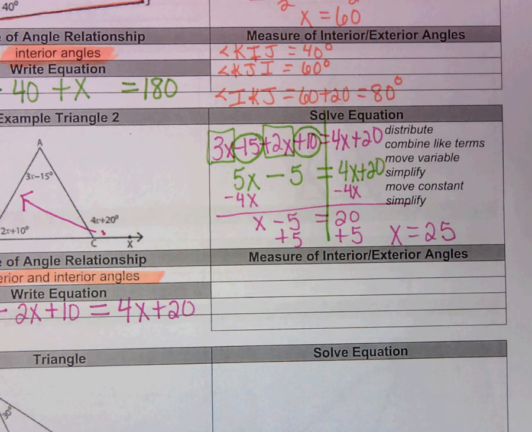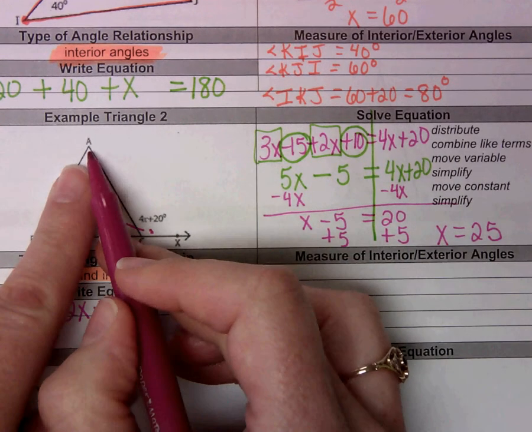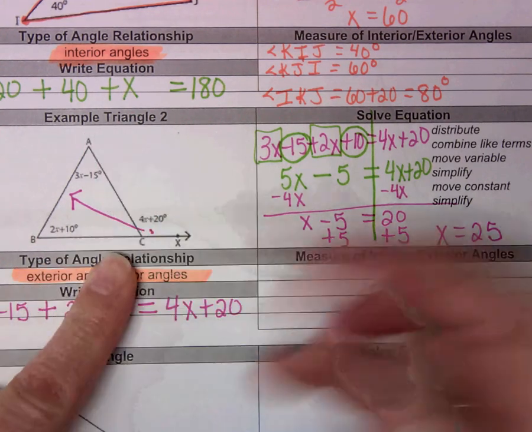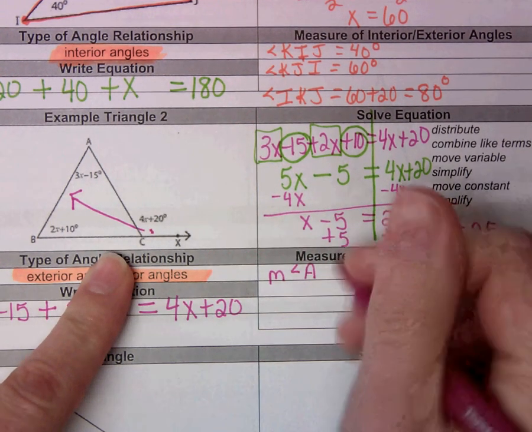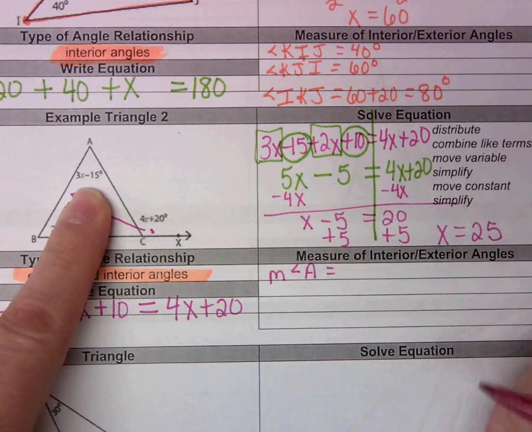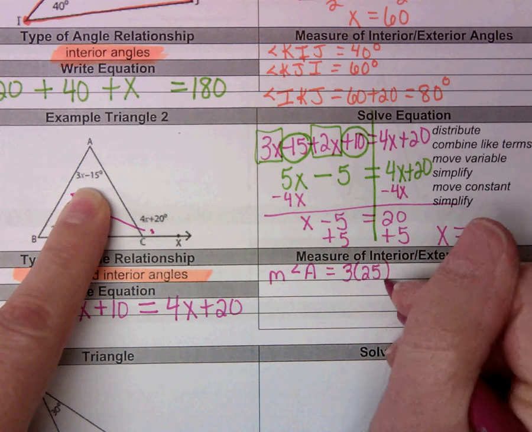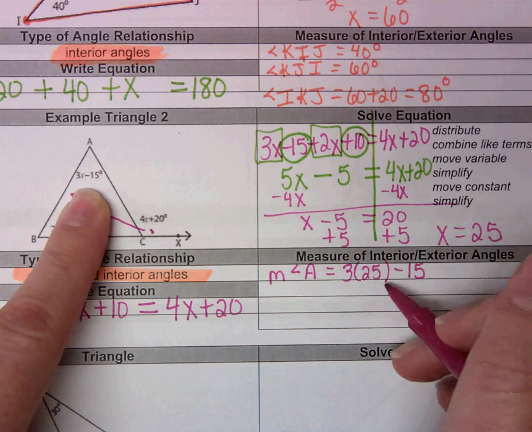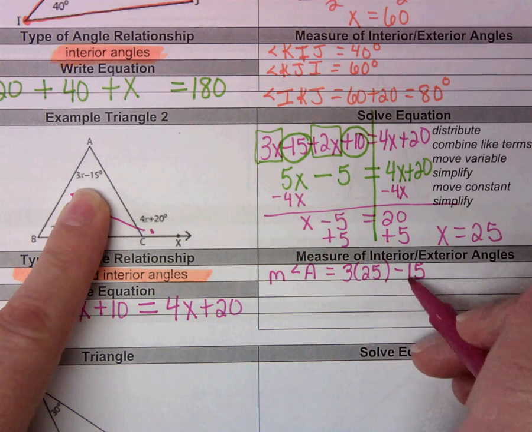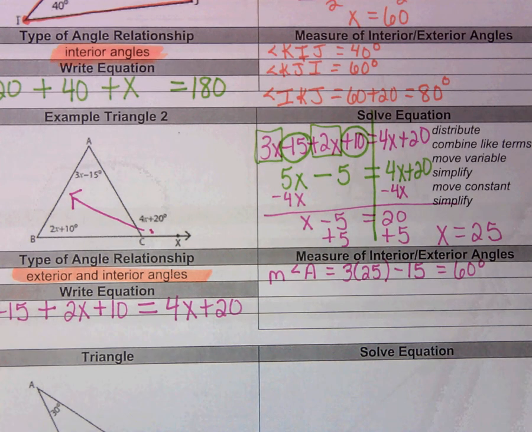Okay, so now let's look at our angles. The measure of angle A, or BAC, I'm just going to put angle A, is 3x minus 15. So we have to say 3 times 25 minus 15. So that would be 75 minus 15 is 60, hopefully, right? Did I do that right?